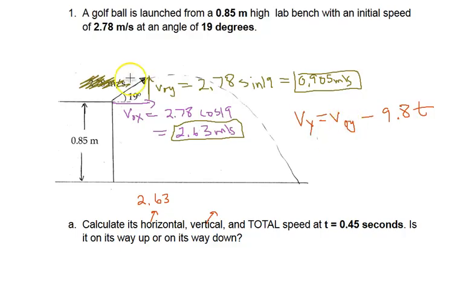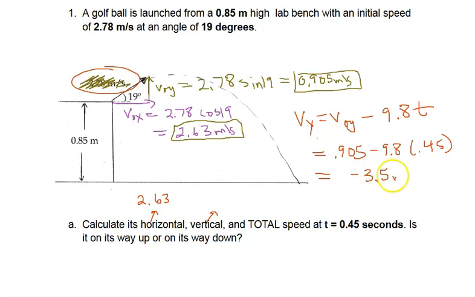So again, it would be really tempting to put that 2.78 in, but we're not going to do it because we've already set everything up and crossed that out. Minus 9.8 times 0.45, and you get negative 3.5.